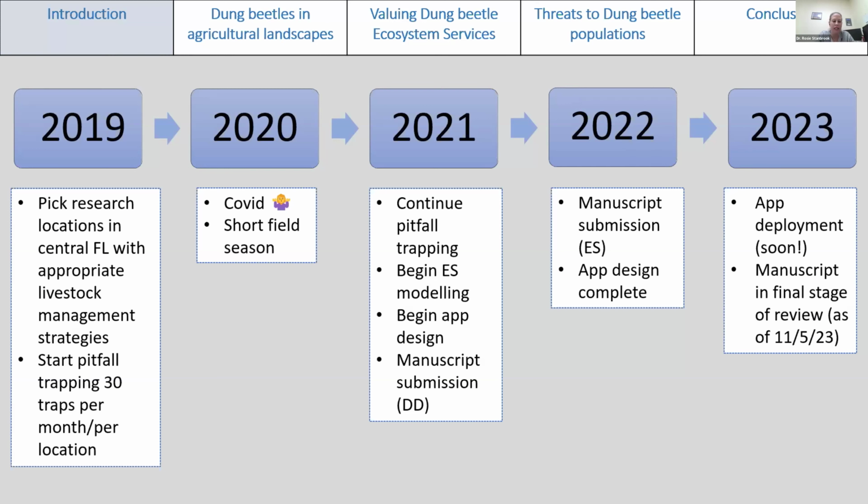And then we started pitfall trapping for dung beetles using 30 pitfall traps per location per month. So this continued all the way on until 2021, where we started modeling our dung fouling. And we submitted our first manuscript from this survey in late 2021.